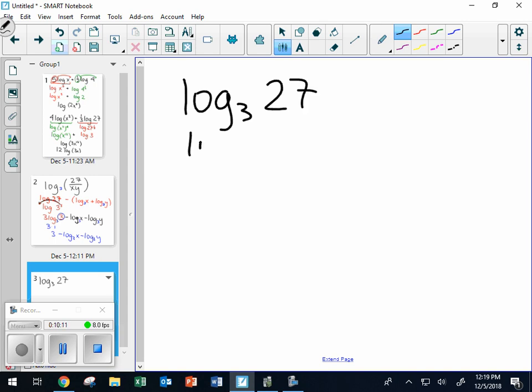And we already know that we can rewrite that as log base 3 of 3 to the power of 3. And yesterday we talked about how we could use a shortcut and just say this will cancel out, and all you need is just to select the power, and that will give you your answer.